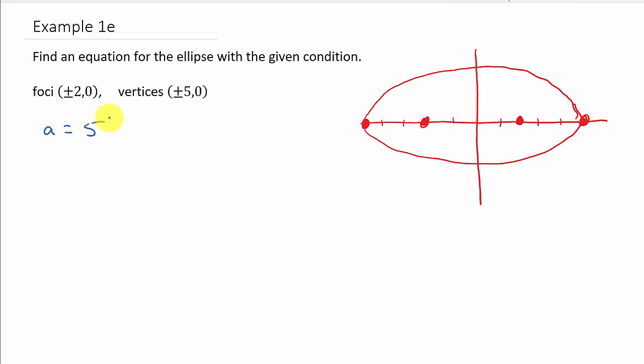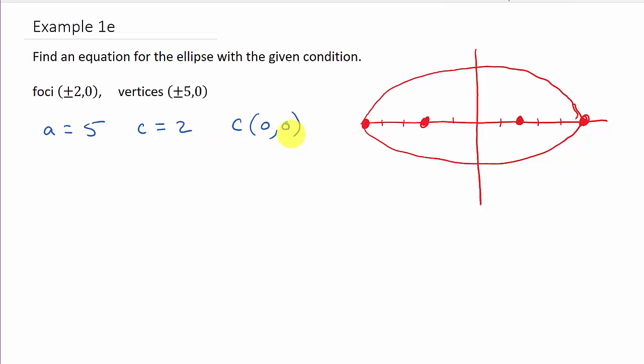And then the foci, remember, the foci is plus or minus c, 0 when the major axis is horizontal. So c is equal to the distance, which is 2. And we know that the center is 0, 0.